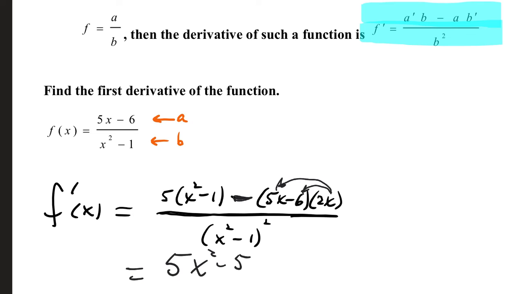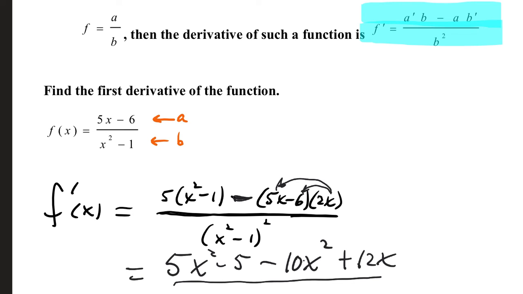So think of it as negative 2x times 5x. That is negative 10x squared minus 2x times negative 6 is a positive 12x. And this is still over our denominator squared.